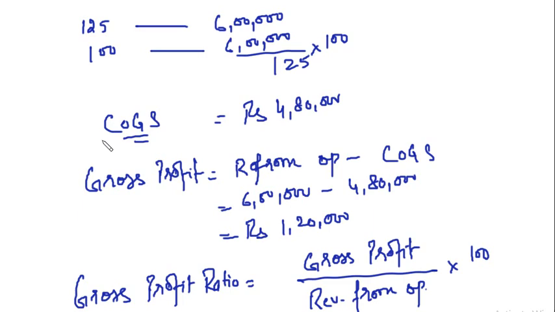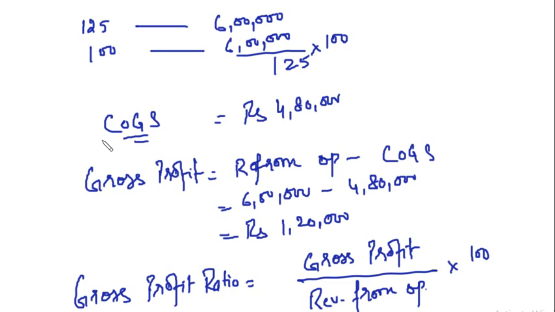So the main aim of calculating the gross profit ratio is to calculate that out of the total sales, out of the total revenue from the operations, what is the percentage of gross profit that you are earning. Higher the ratio means better utilization of resources, which are thereby helping in generating more profits. Clear?